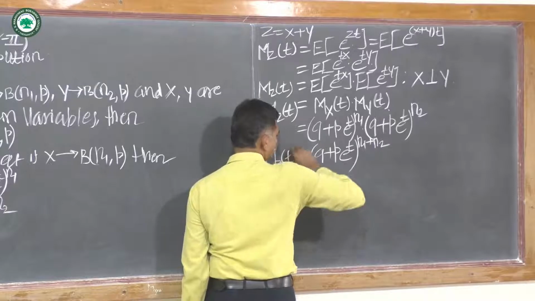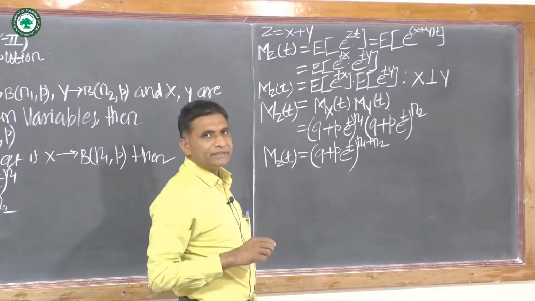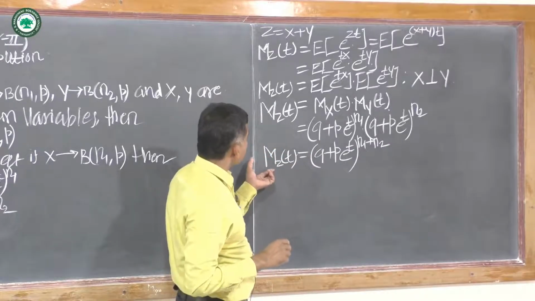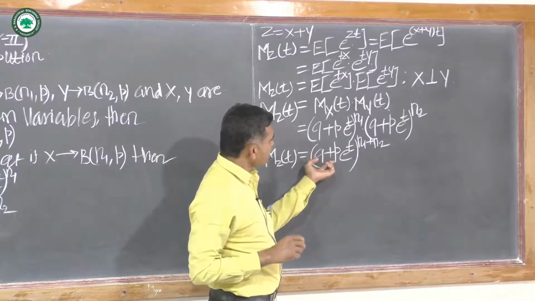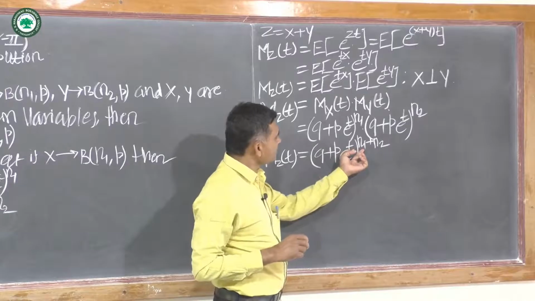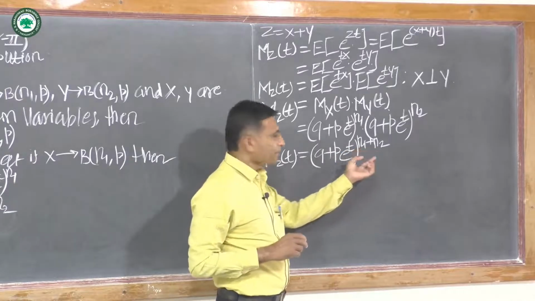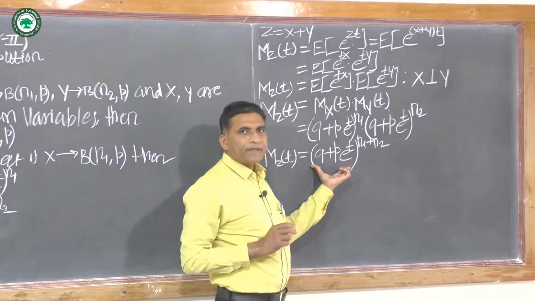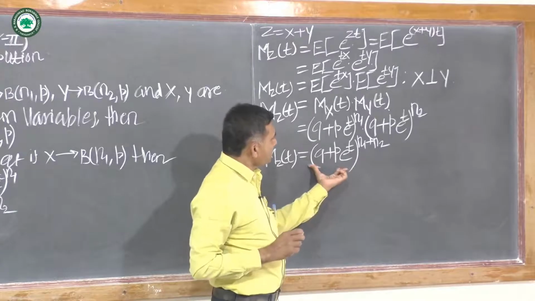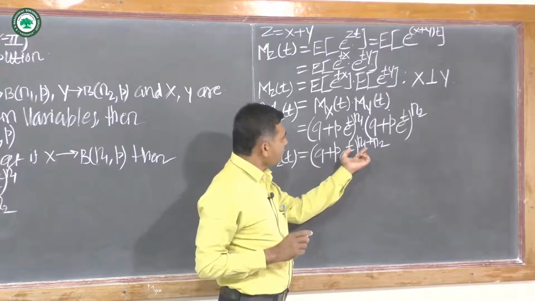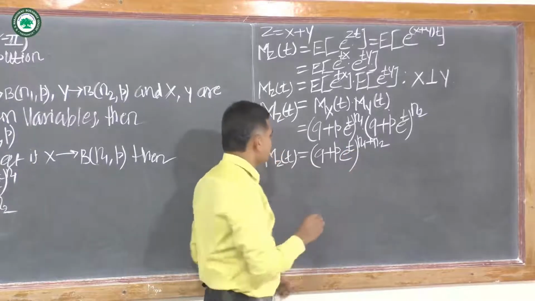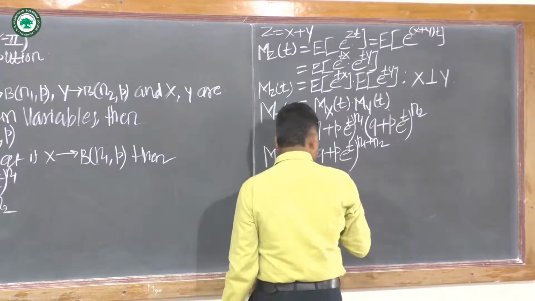MZ of t, that is the moment generating function of X plus Y, is equal to (q plus p e raised to t) raised to n1 plus n2, which is the MGF of binomial distribution with parameters n1 plus n2 and p.